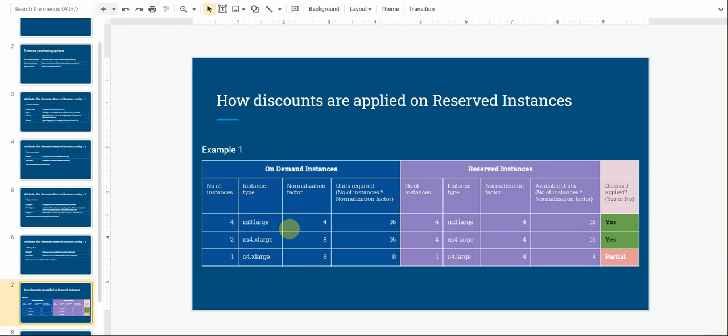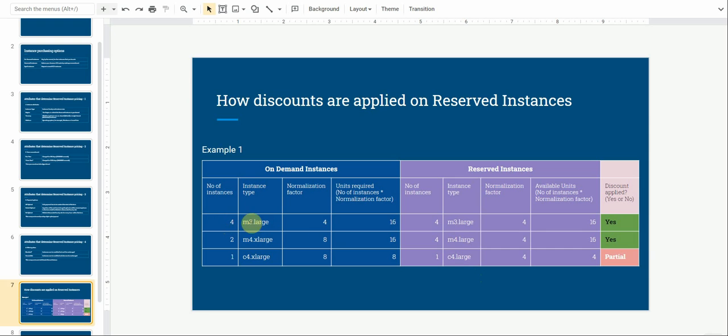So for 4 M3 large, total number of units required will be 4 into normalization factor 4. Number of instances into normalization factor, that is coming out to be 16. For M4X large, the number of units required is again 16, 2 into 8. For C4X large, number of units required are 8, 1 into 8. Imagine we purchase 4 instances of M3 large, 4 instances of M4 large, and 1 instance of C4 large.